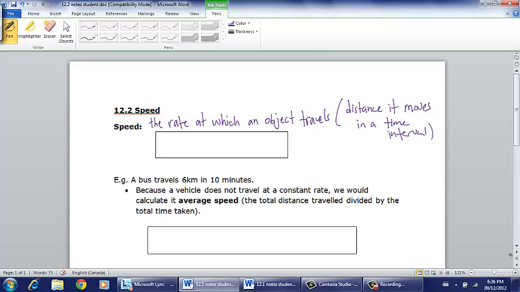To write this as an equation, speed equals distance over time. So speed equals the change in distance over the change in time. And the symbol for speed is a lowercase v.